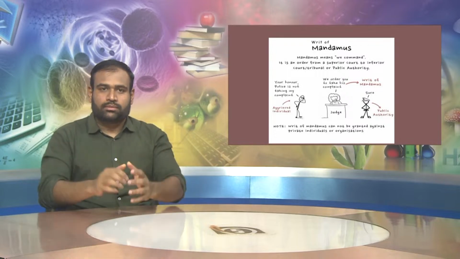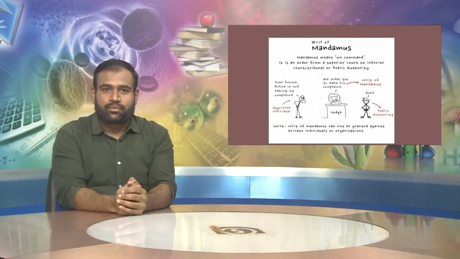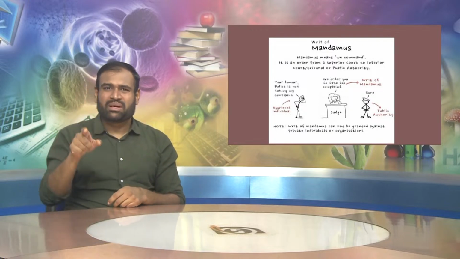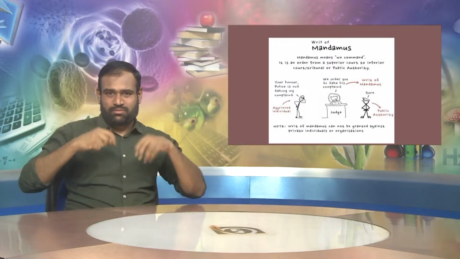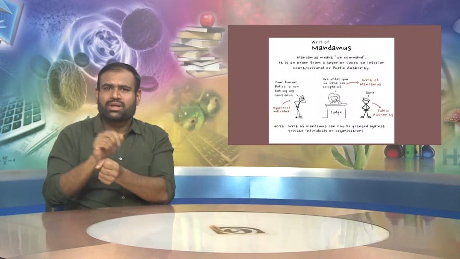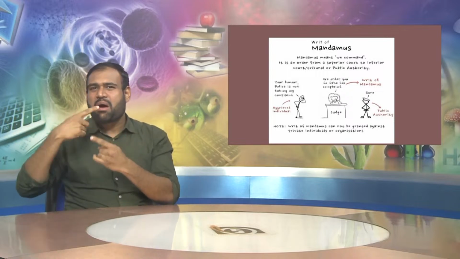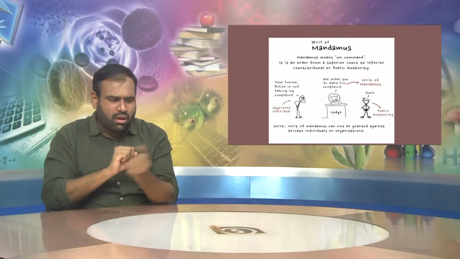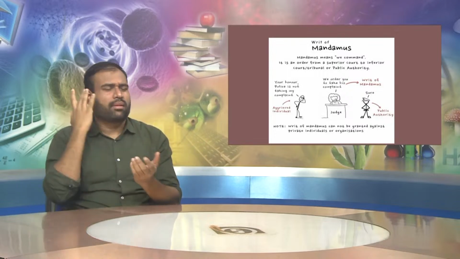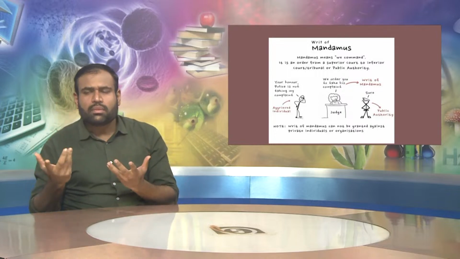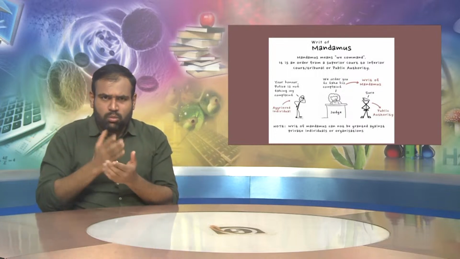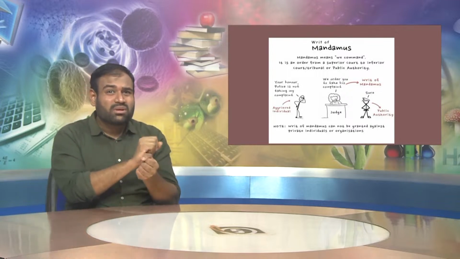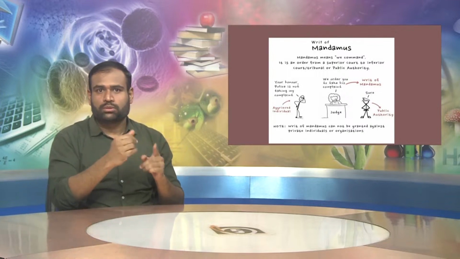Writs of mandamus. Mandamus means 'we command'. It is an order from a superior court to an inferior court or tribunal or public authority. Note: writs of mandamus cannot be granted against private individuals or organizations.